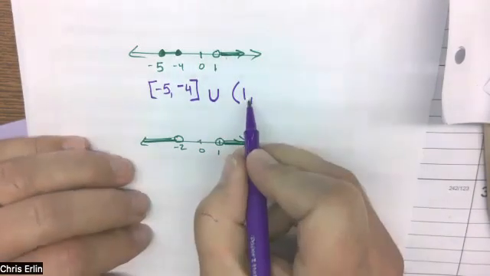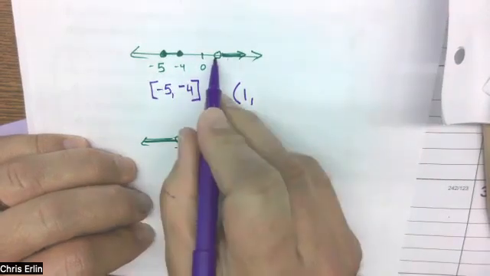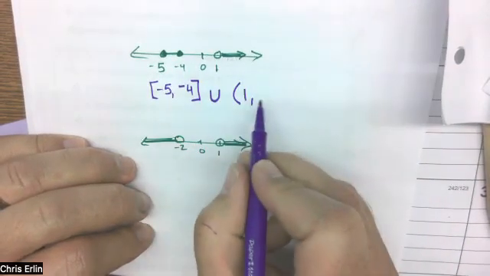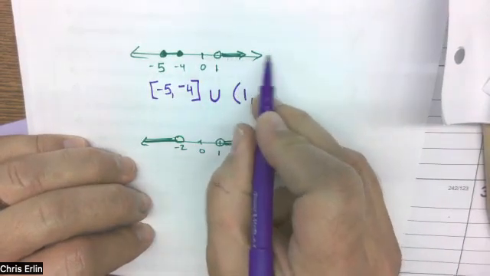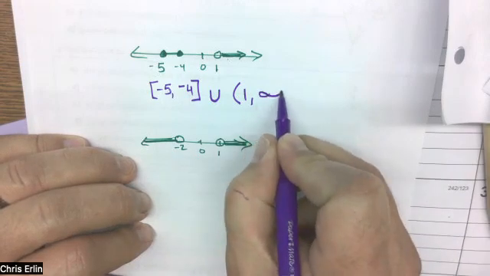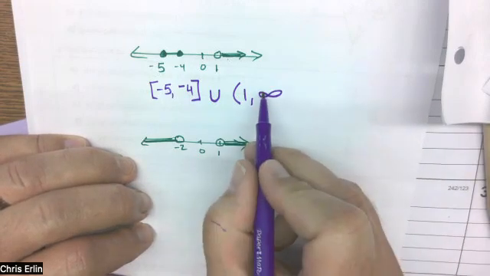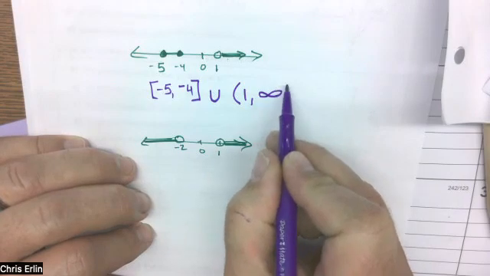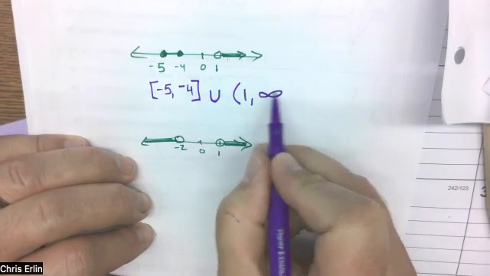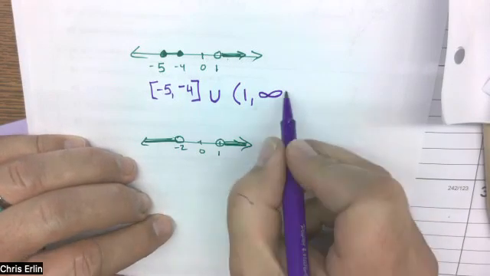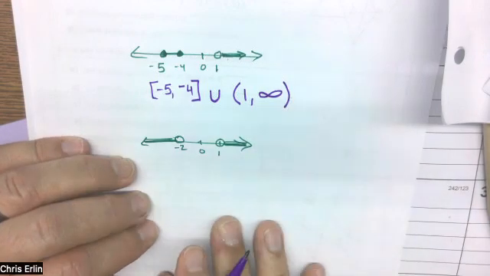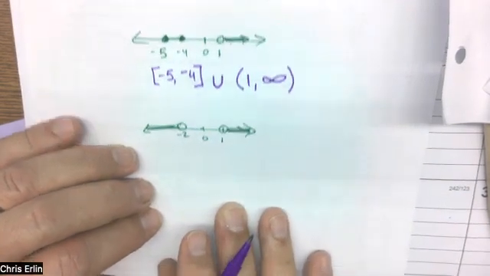Sorry for the interruption. This is not including 1, and I'm going forward all the way to the end here, which would be infinity. So infinity is the endpoint here. I'm not going to enclose this with a hard bracket because it doesn't include the number infinity. Infinity is not a number, so I leave infinity always as an open bracket as well.